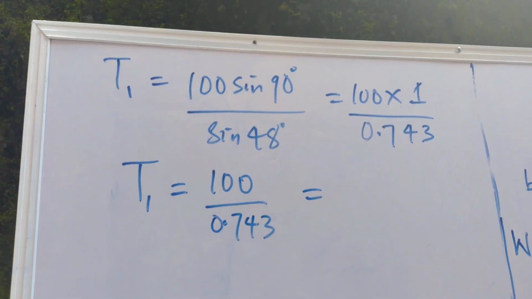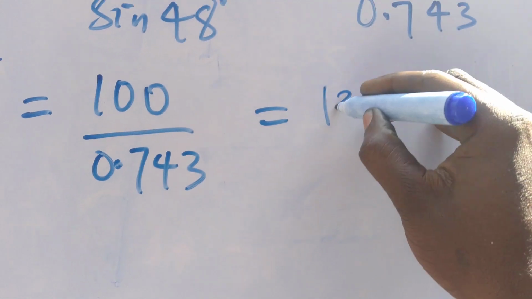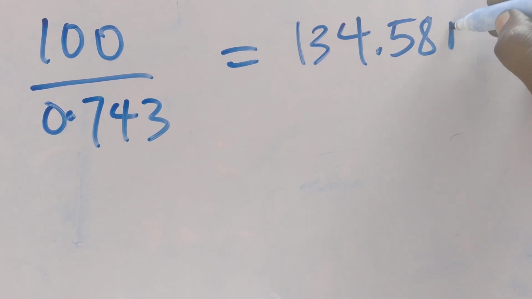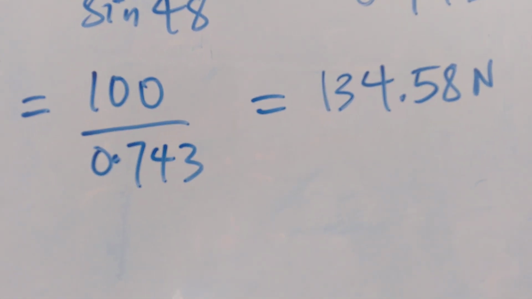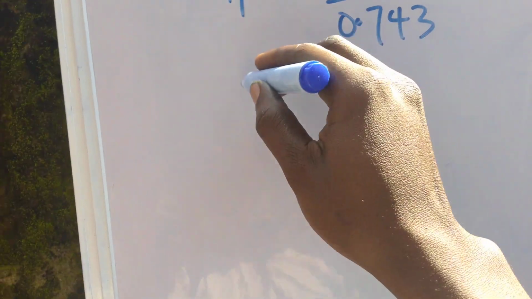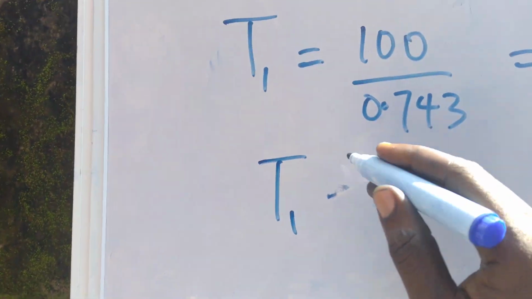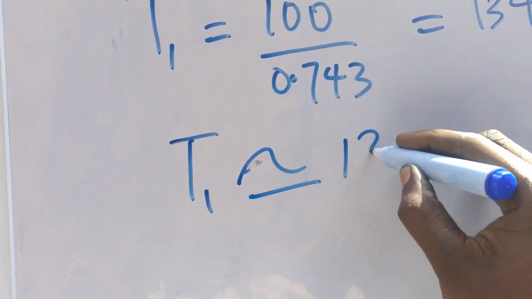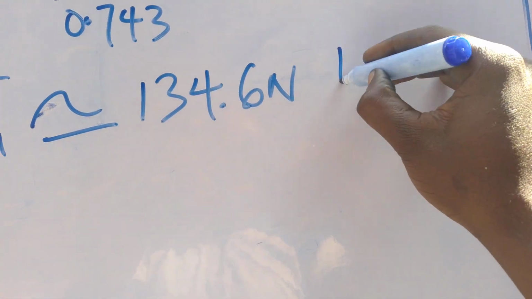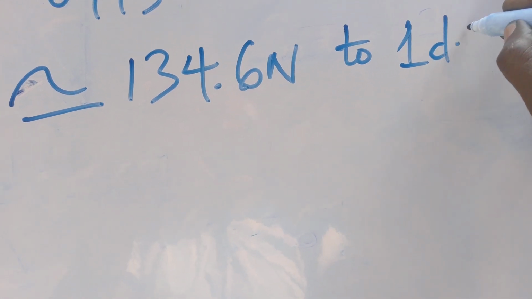When I divide, I have 134.58 Newton. I will approximate this, so T1 is approximately 134.6 Newton to one decimal place.